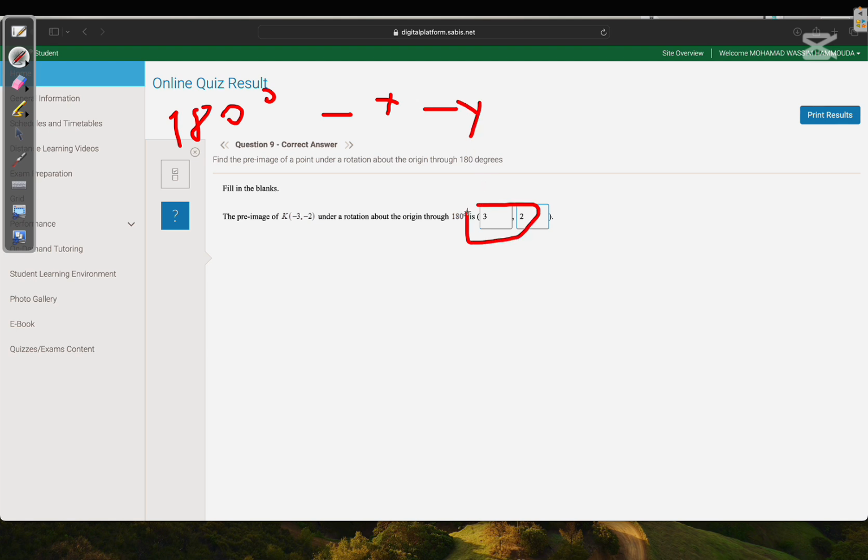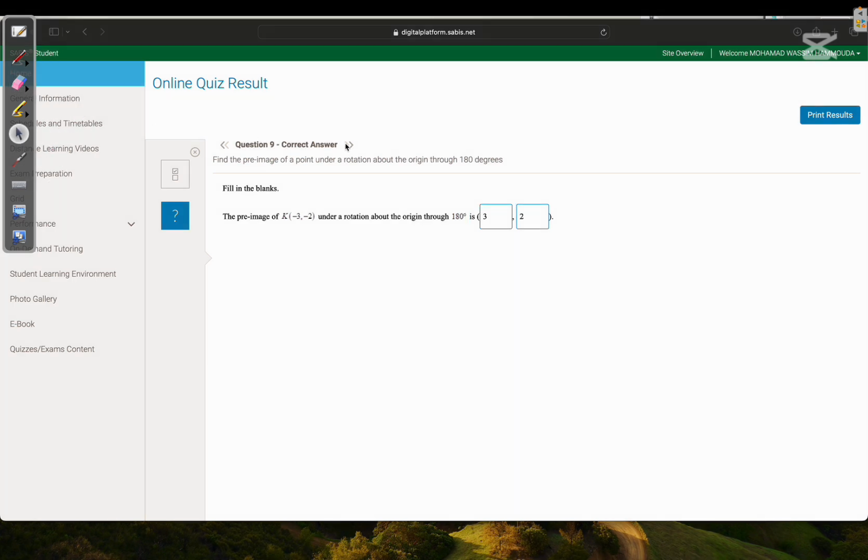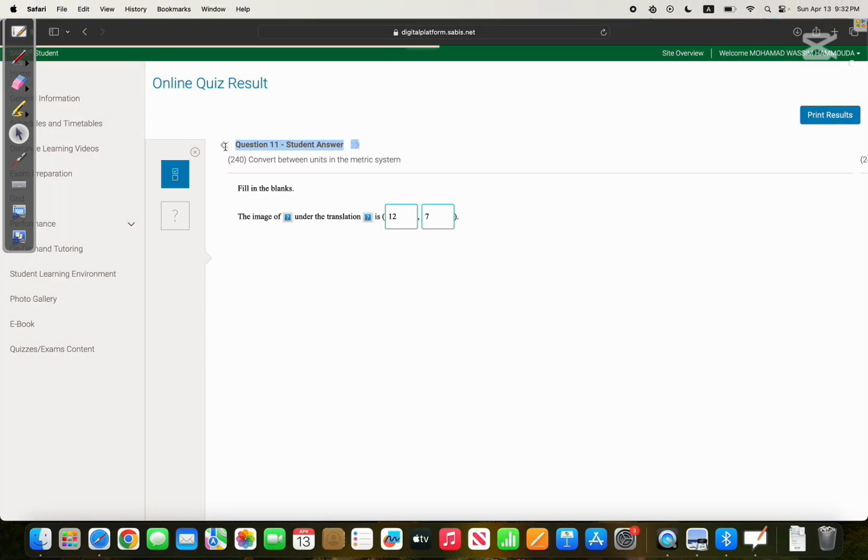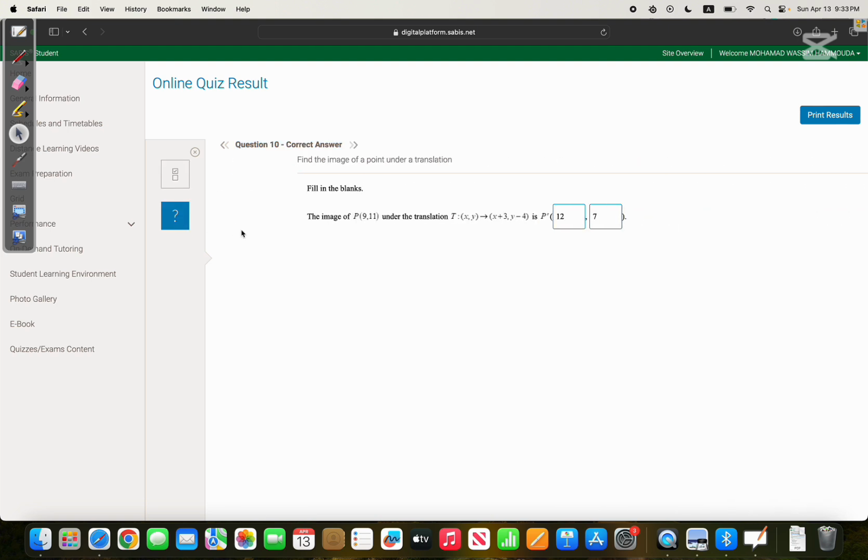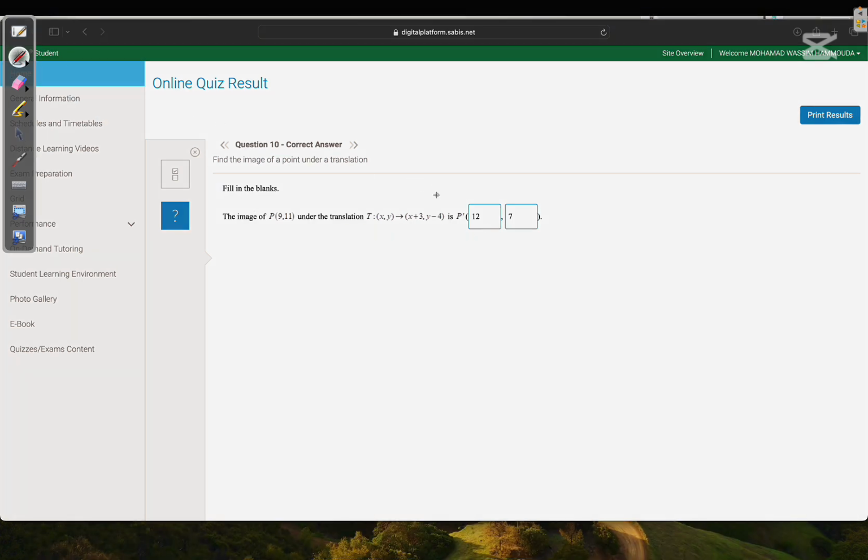You just switch the signs for both. That's it. Number 10. The image of P with x 9 and y 11 under the translation T (x plus 3, y minus 4) is simply you add 3 to x and then you do 11 minus 4, which is (12, 7).